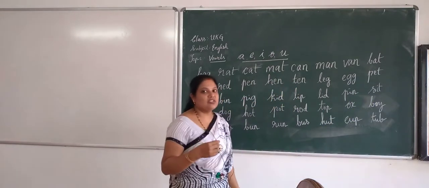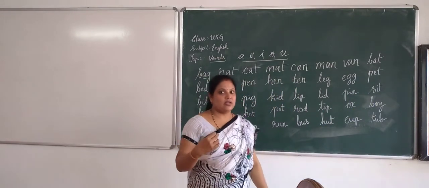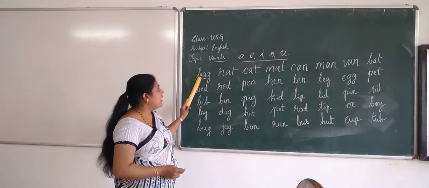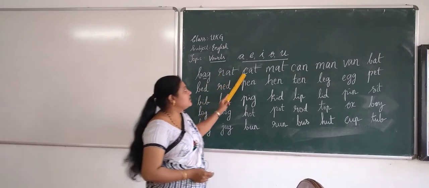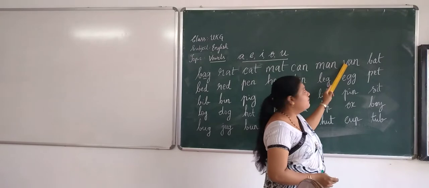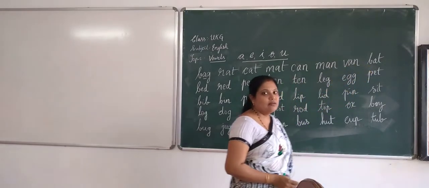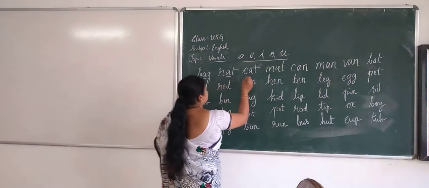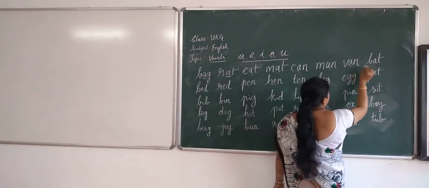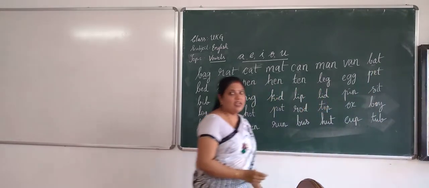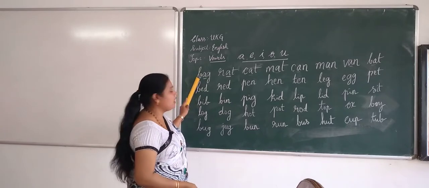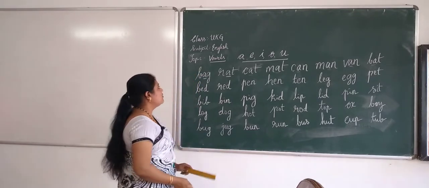Everywhere you can hear the sound A. That's a phonic sound, you know that, right? Listen again: bag, rat, cat, mat, can, man, van, bat. Everywhere you can find the letter A. So these are A sound letters, A sound words.